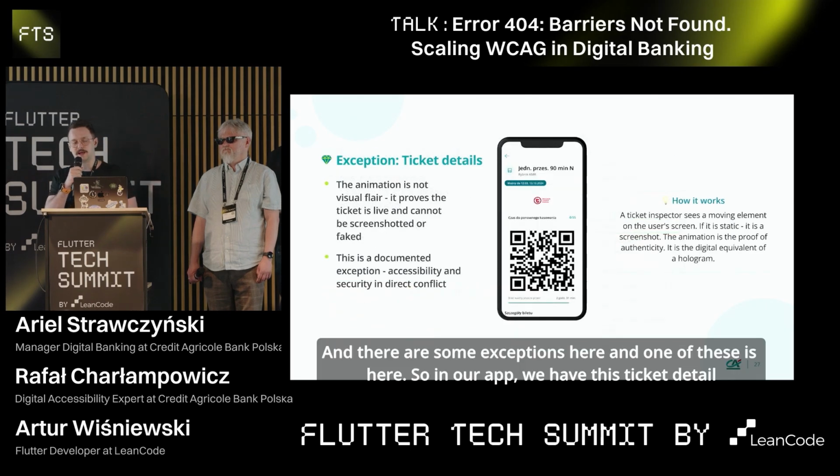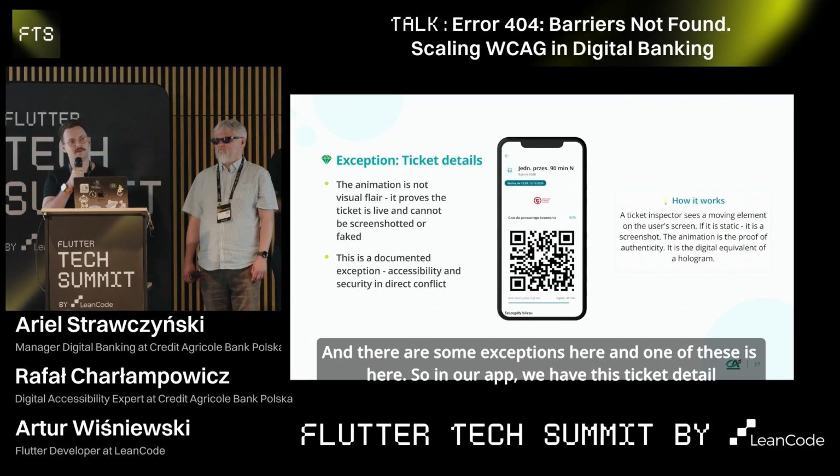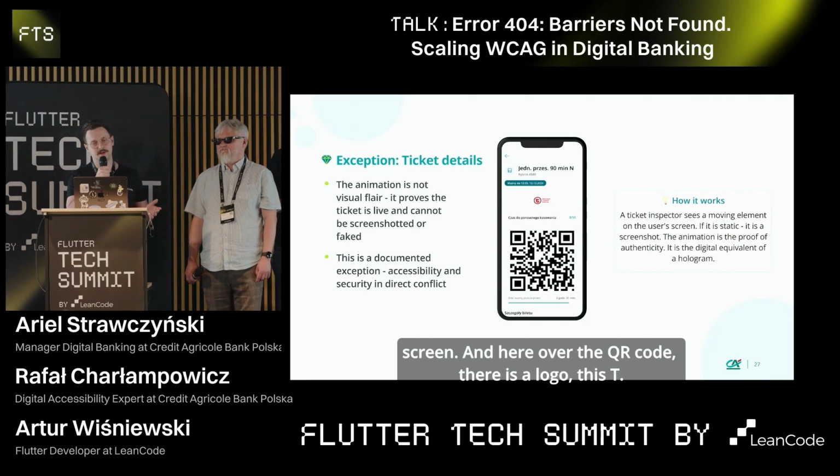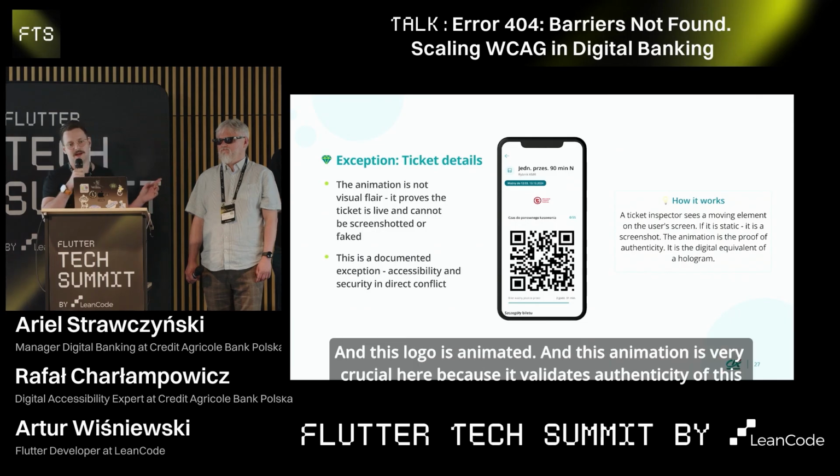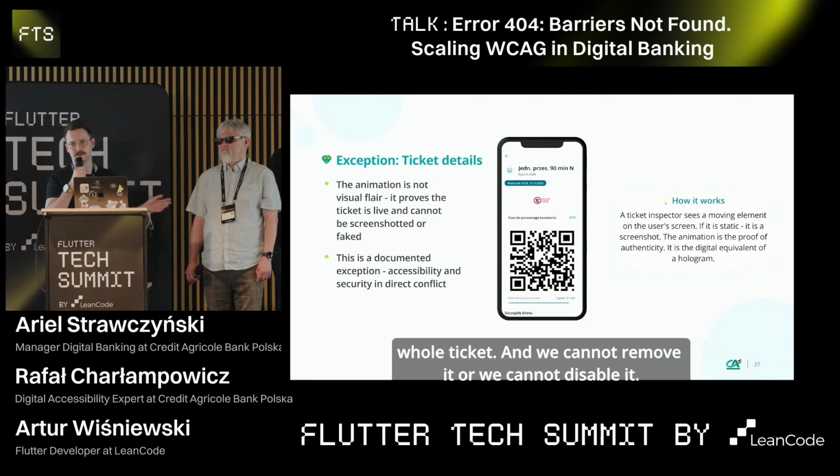And there are some exceptions here, and one of them is this. In our app, we have this ticket details screen. And here, over the QR code, there is a logo, this T. And this logo is animated. This animation is very crucial here, because it validates the authenticity of the whole ticket.